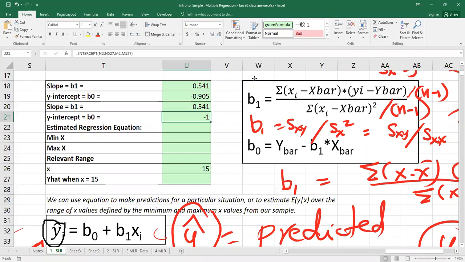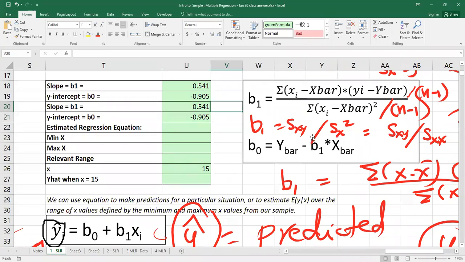Okay. And I said guys, sabi natin, di ba, itong slope natin is actually your covariance of x and y and the variance of x.